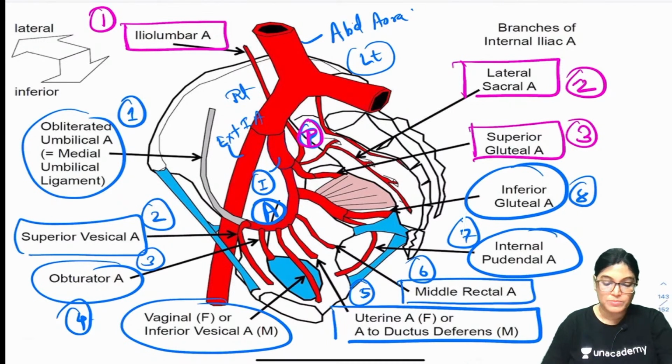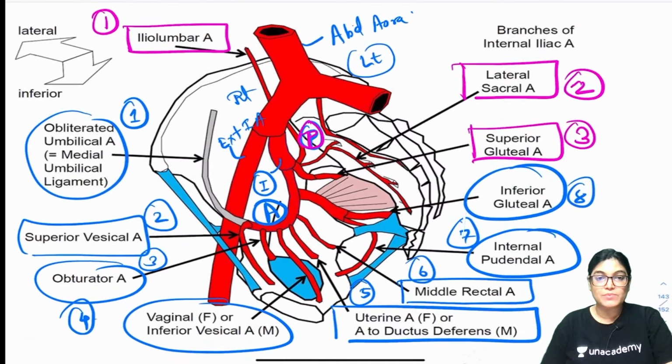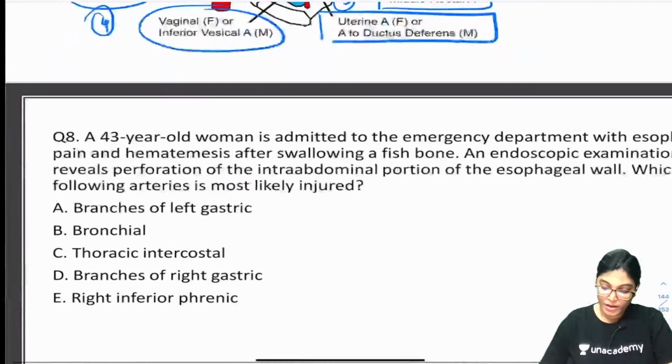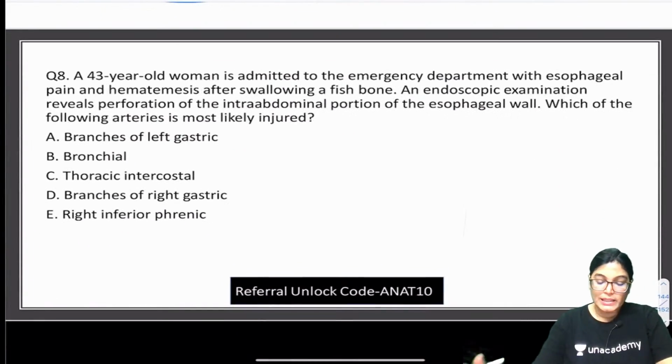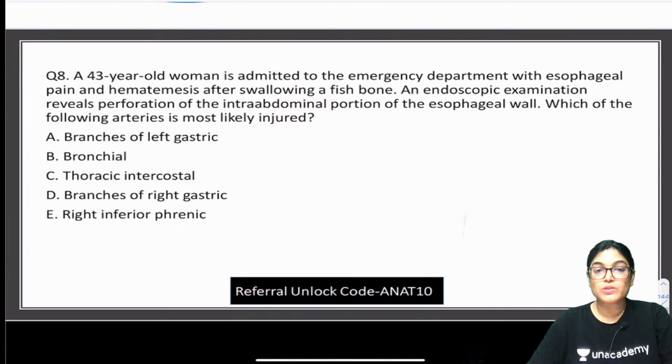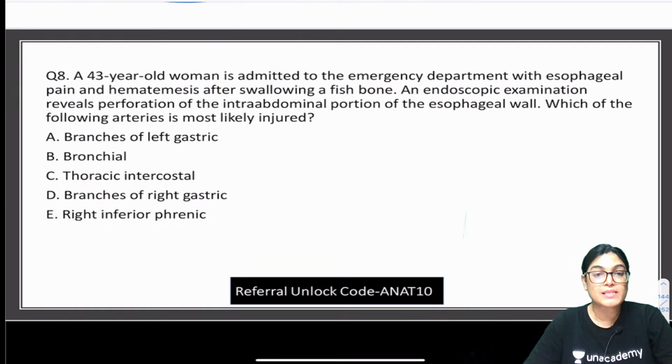So let's move on to the next MCQ, everyone. A 43-year-old woman is admitted to the emergency department with esophageal pain and hematemesis after swallowing a fish bone.